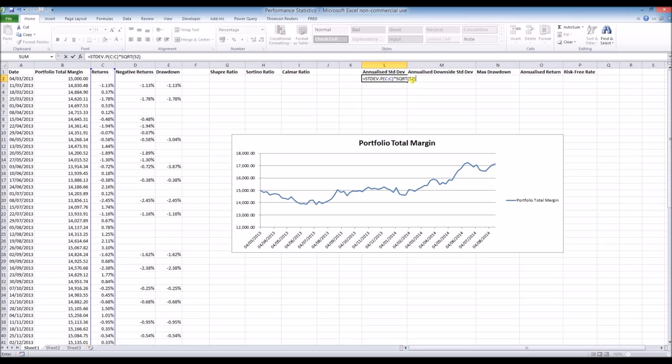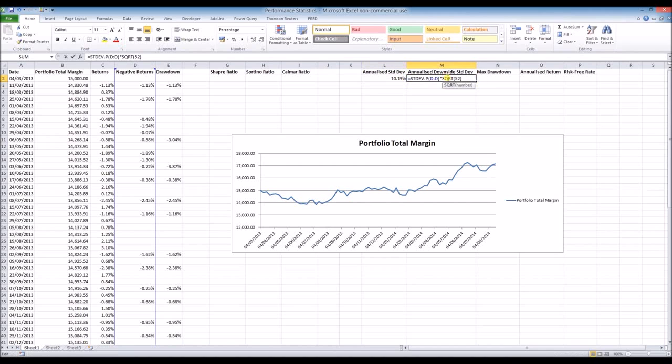So there's 52 weeks in a year, so we scale up our weekly standard deviation figure, which we calculate in this part of the equation, times it by the square root of 52 to annualize. So that's just how you annualize or scale up and scale down standard deviations: you times it by the square root of the number of periods over the time period that you want to scale it up or down to.